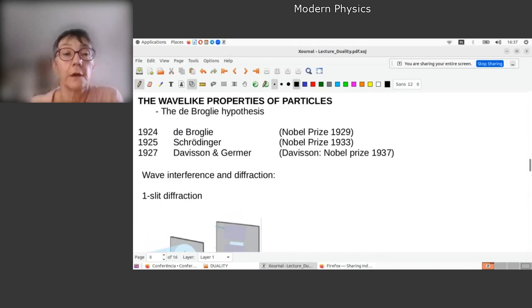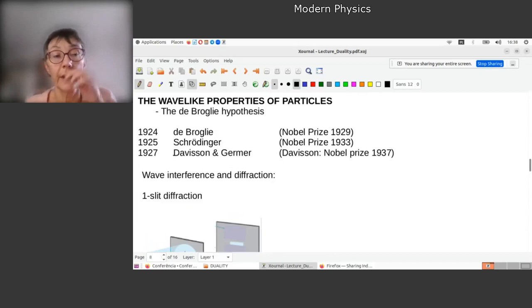1924, de Broglie, as we are looking at it now. He won the Nobel Prize for his discovery because we will see that it is really true. It is accepted now that material particles have a wave-like behavior also. So he won the Nobel Prize in 1929, 5 years later. Schrödinger in 1925 put some more theories on top of this and won the Nobel Prize in 1933.